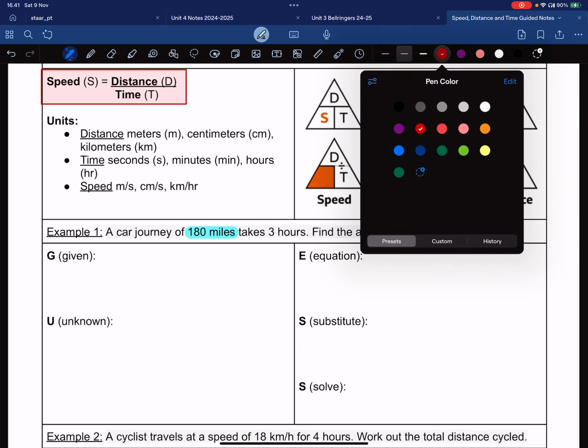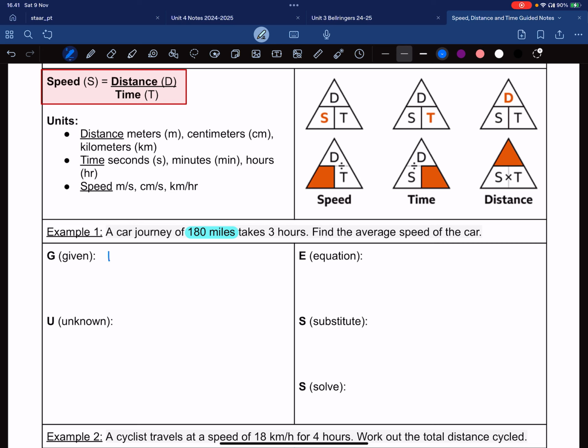So we're going to record that under our givens as D is equal to 180 miles. The car journey takes 3 hours. Well, that's time. So we're going to record that as T is equal to 3 hours.